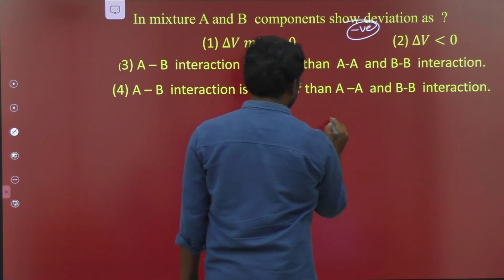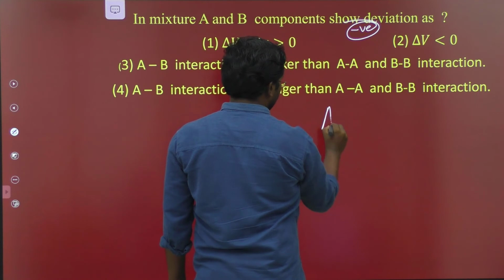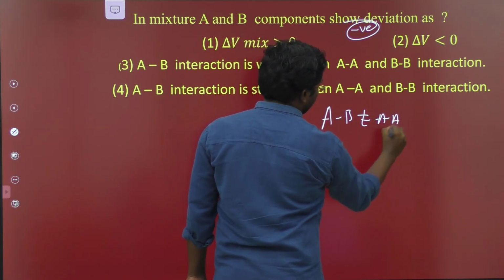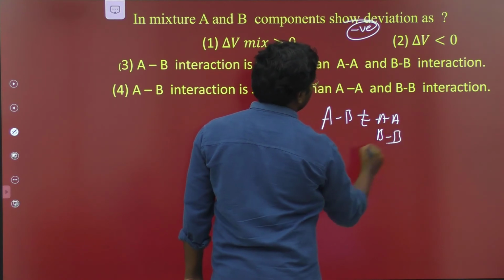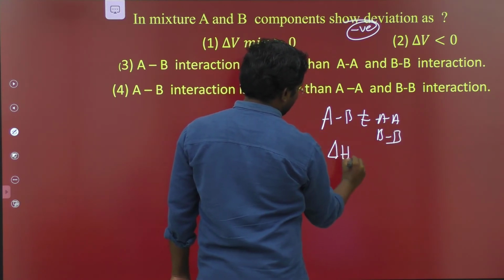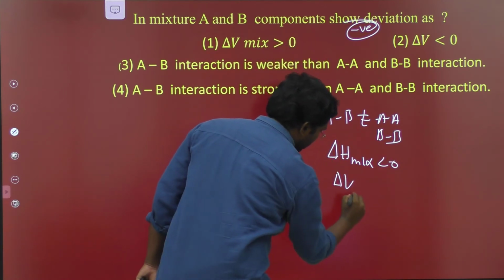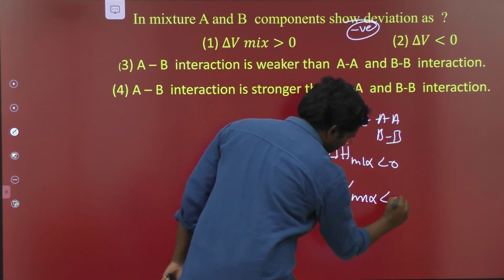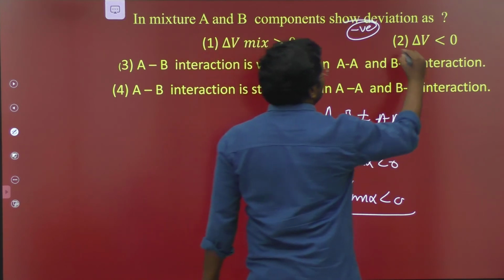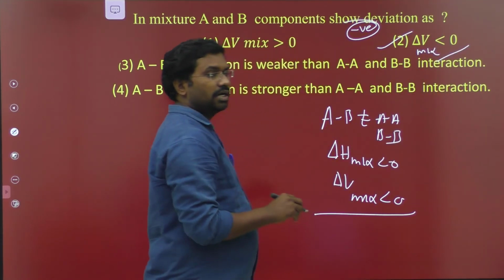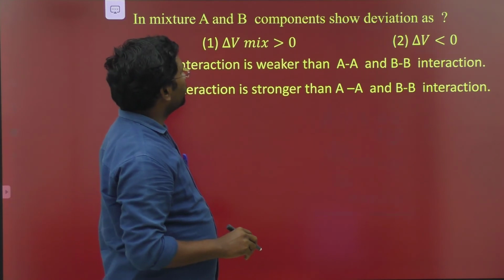In case of negative deviation, AB interaction is not equal to AA interaction and BB interaction. Next one, delta H mix less than 0, and next one, delta V mix less than 0. Therefore, this is the right answer: delta V mix less than 0. Under that condition, the solution exhibits negative deviation.